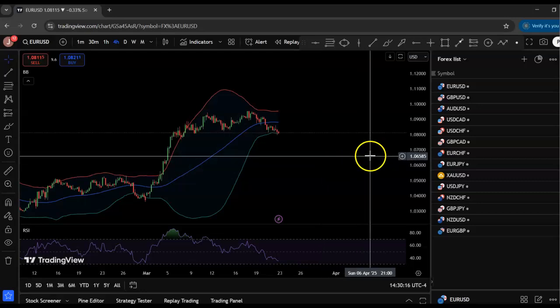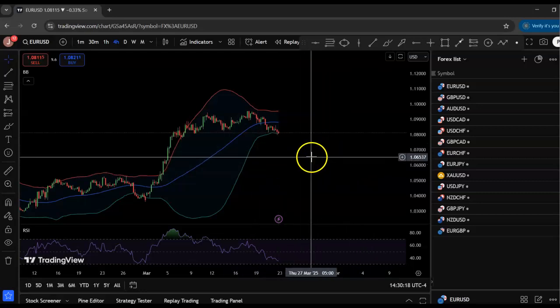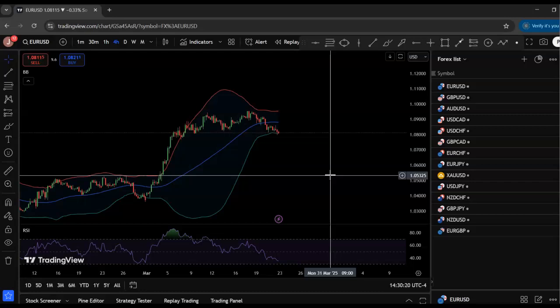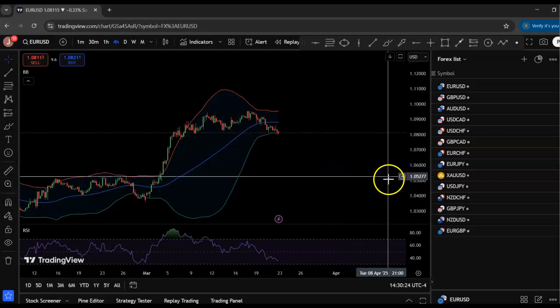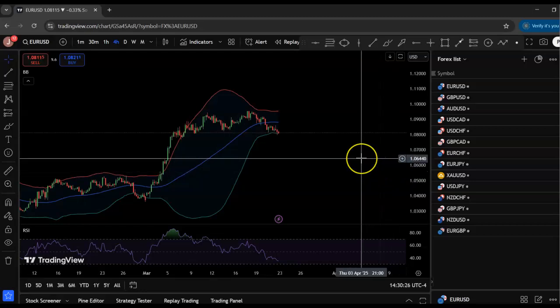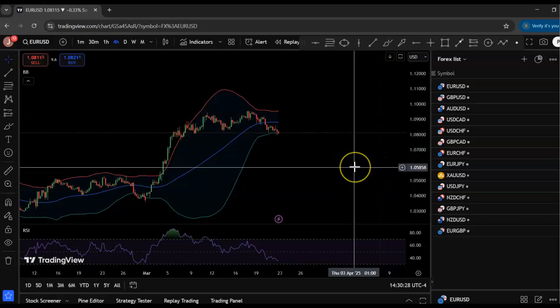It's all based on price action. Indicators are just another hint in the market, so you get better timing on your entry.